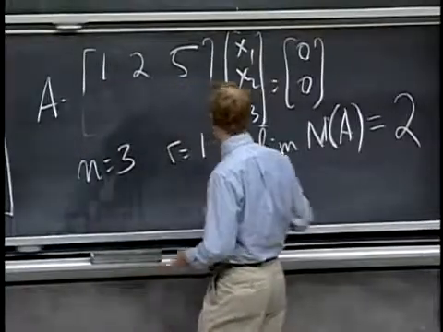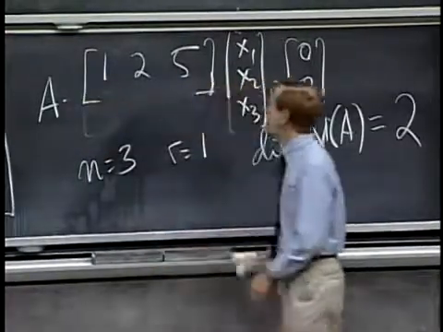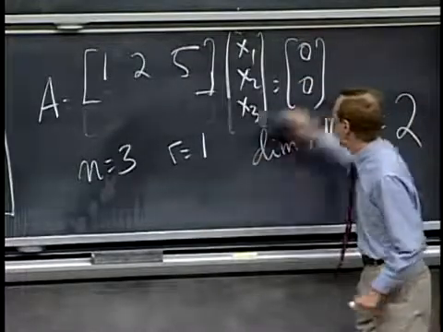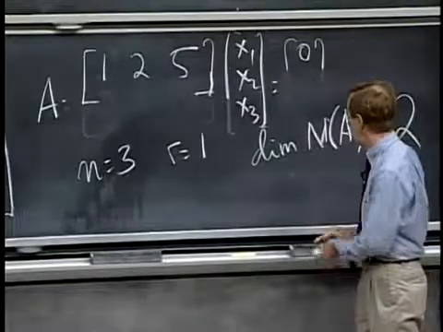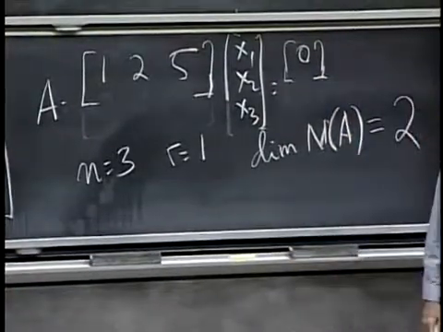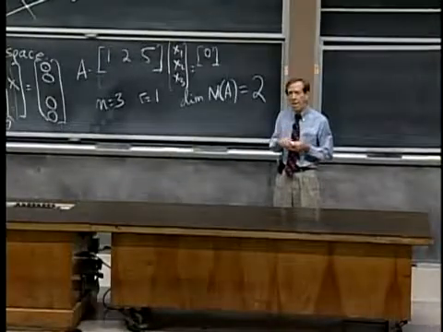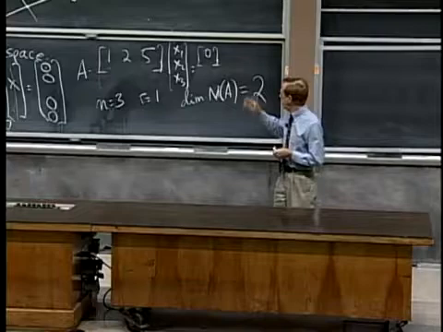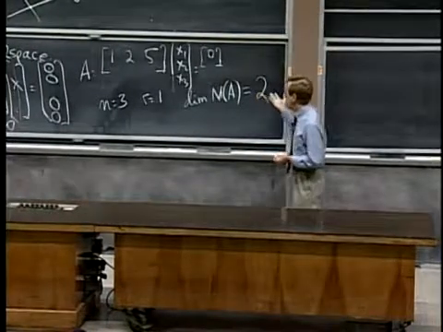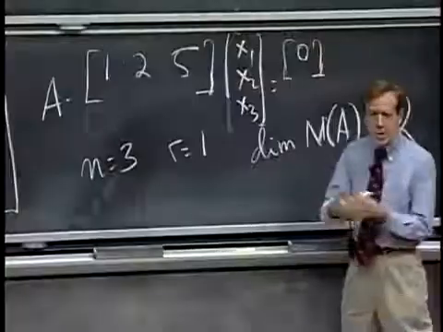In fact, the 2, 4, 10 didn't actually have any effect at all. I could have just ignored that. That didn't change the row space or the null space. I'll just make that one equation. That's the easiest to deal with. One equation, three unknowns, and I want to ask, what does the equation give me?